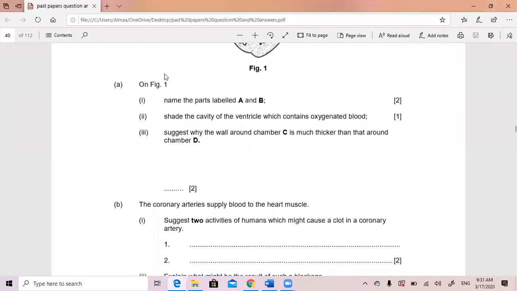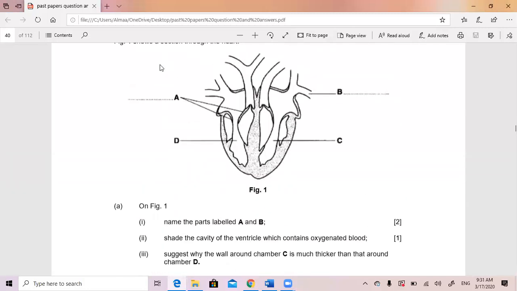That is chamber C, and that's chamber D. Why? The question now: why is the wall around chamber C much thicker than around chamber D? Who can answer? I have just 3 students.